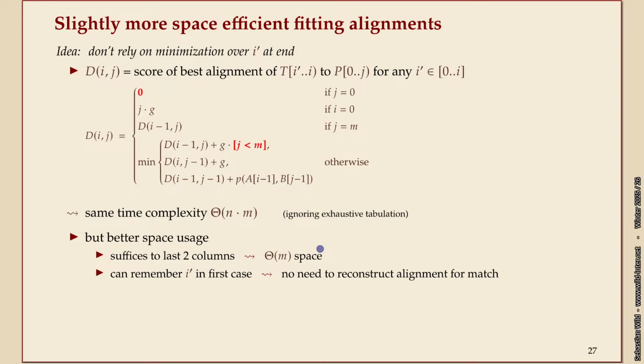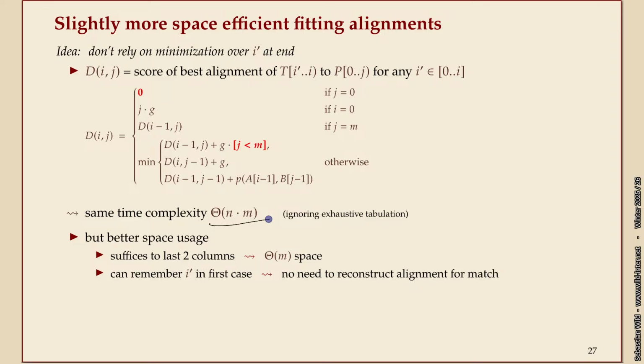And you could try to use the same divide and conquer algorithm to also construct the alignment from this. Remember, this was finding the best middle point. I'm not going to go into this detail again. The point is that the time will stay at n times m, and that's already too much. We don't really want to spend that.